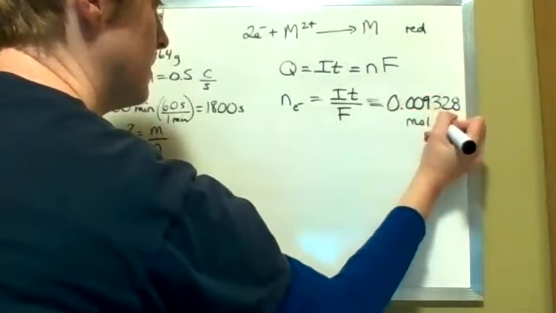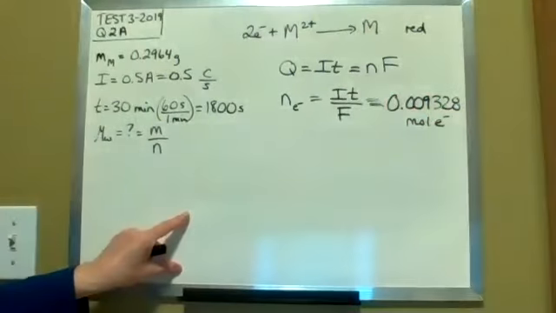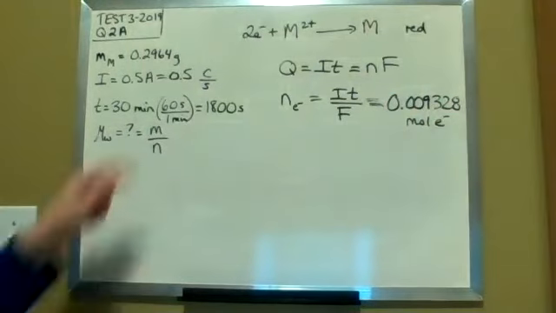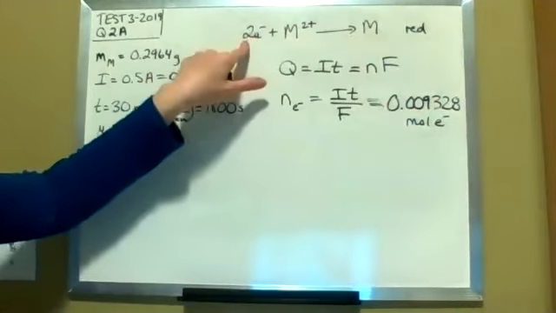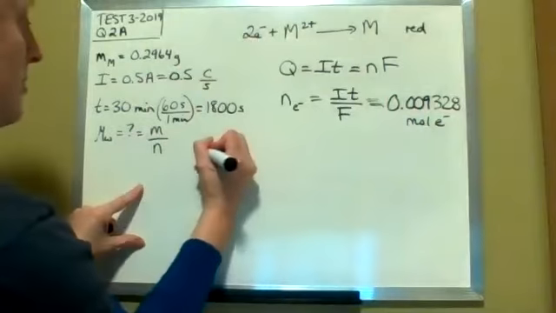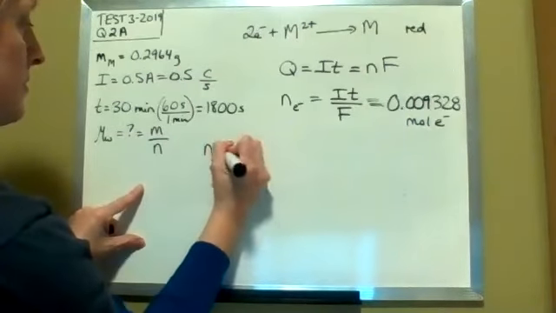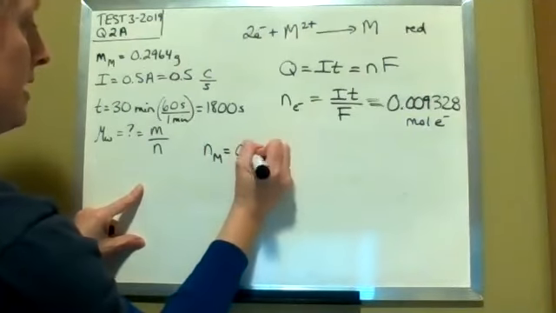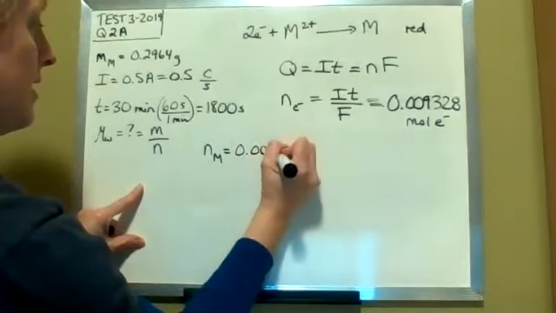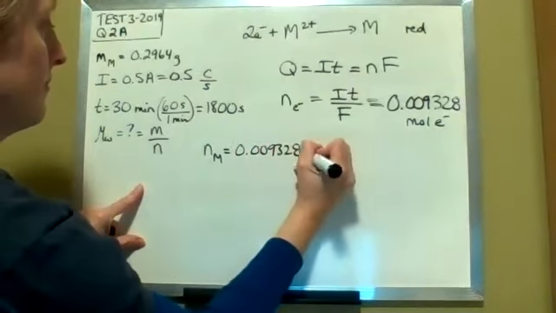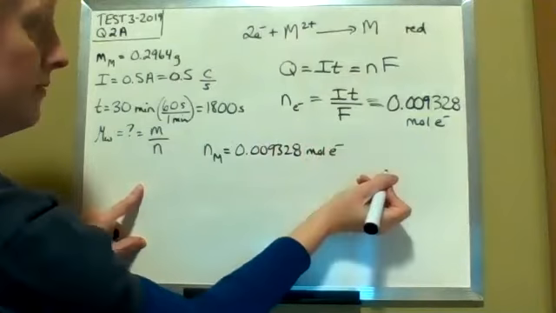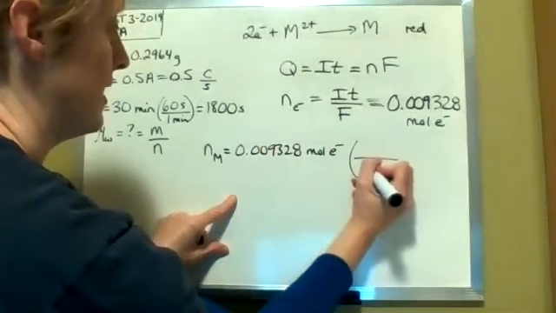0.009328 moles of electrons. Now we need moles of metal, and we know our stoichiometric relationship up here. So if we want to find moles of metal, we're going to take what we just had for electrons and do our conversion factor.